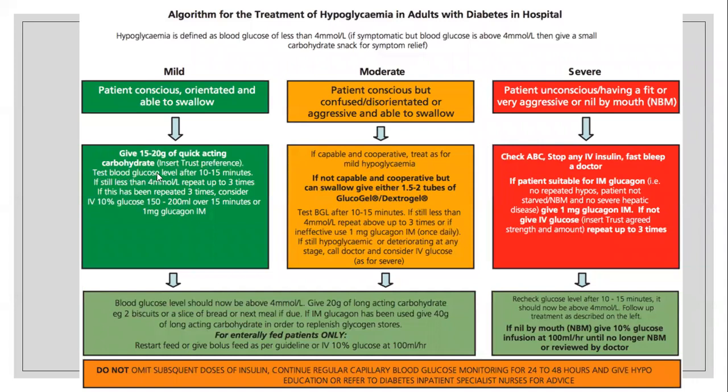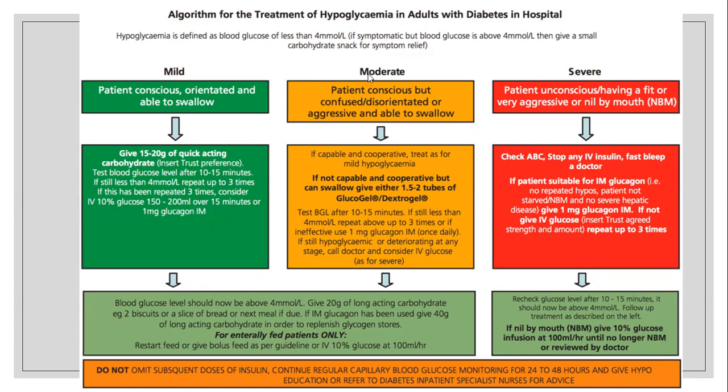Also test the blood sugar level after 10 to 15 minutes. If still less than 4 millimole per liter, we can repeat up to 3 times. If this has been repeated 3 times, consider IV 10% glucose 150 to 200 ml over 15 minutes or 1 gram glucagon intramuscular.